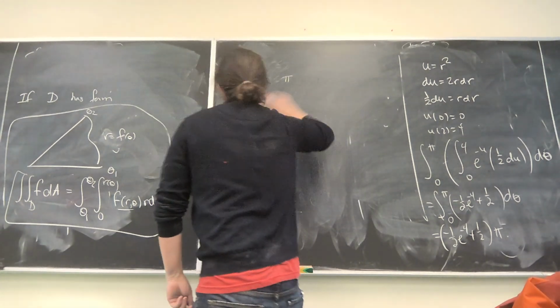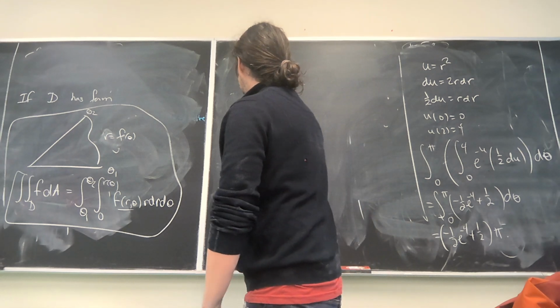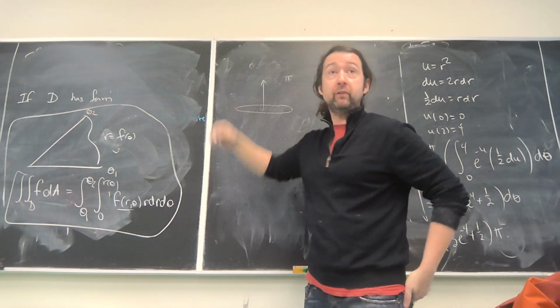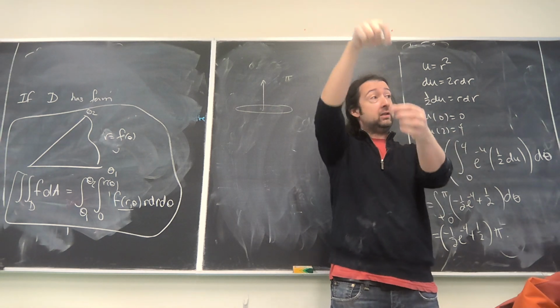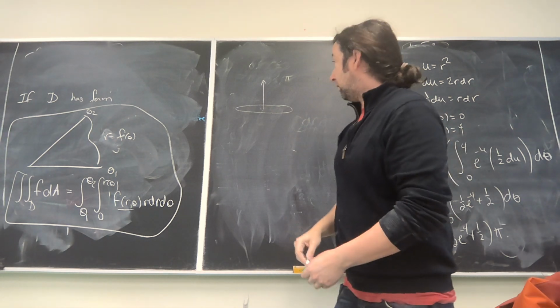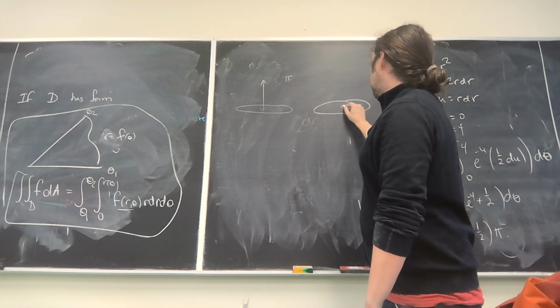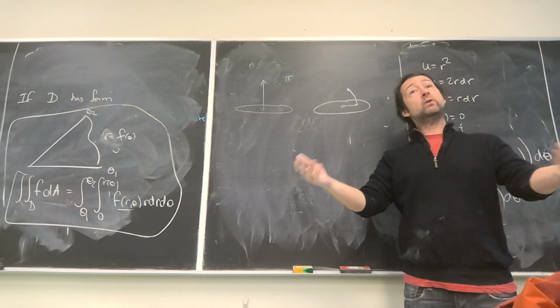So it's really important to understand what's happening in the polar setup, because when we go to 3D, when we start doing triple integrals or 3-dimensional coordinate systems, one way of extending the polar coordinate system to 3 variables is to tack a z variable on. So you have coordinates in the polar plane and then a z variable that tells you your height. That's called cylindrical coordinates. The other way you could do it is, if you have a polar point, you could take it and rotate it with another angle. Those are called spherical coordinates.